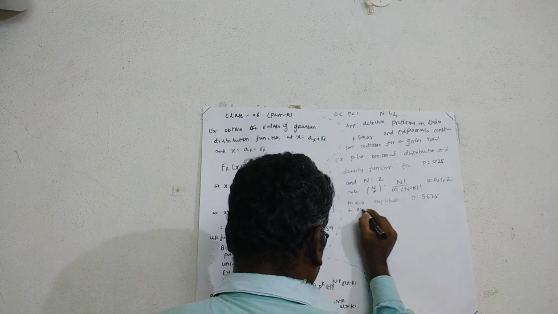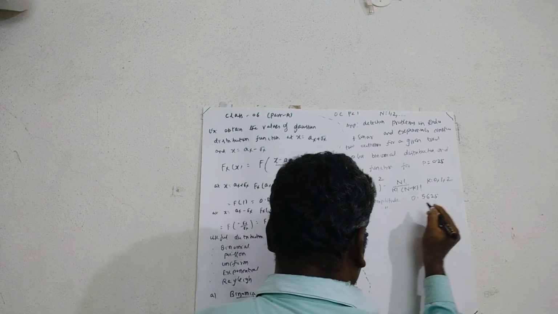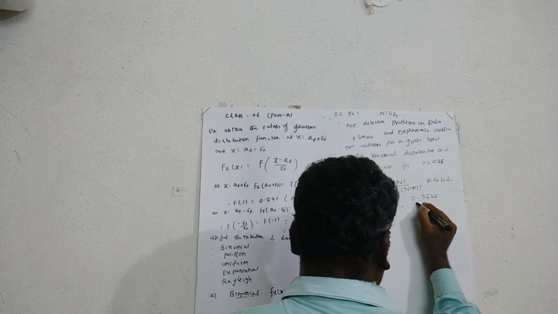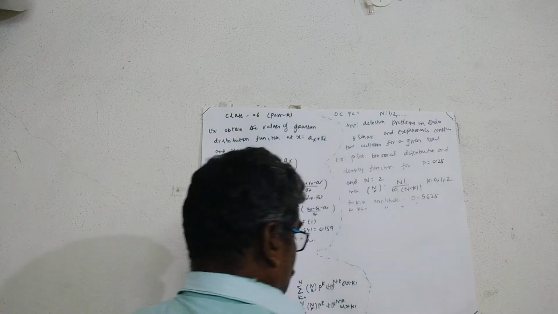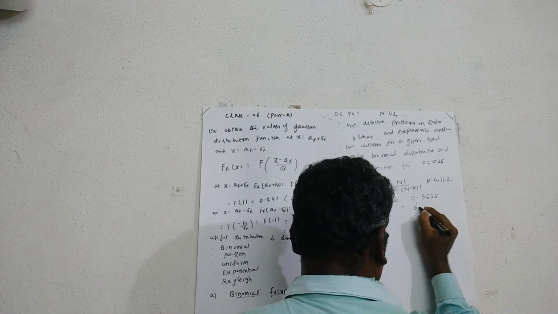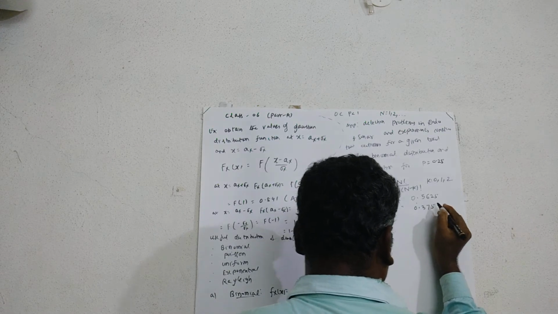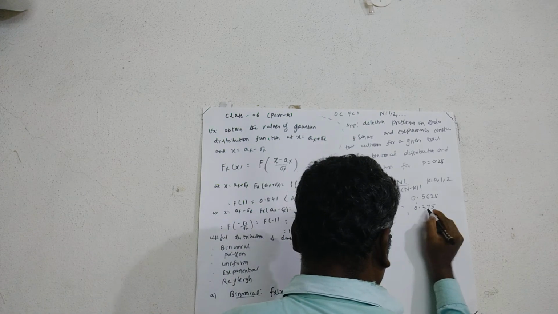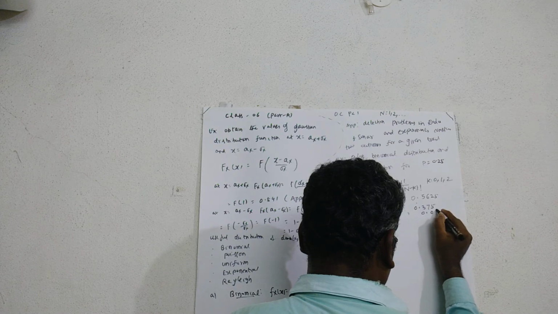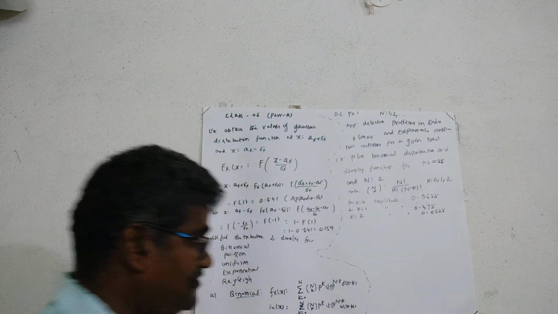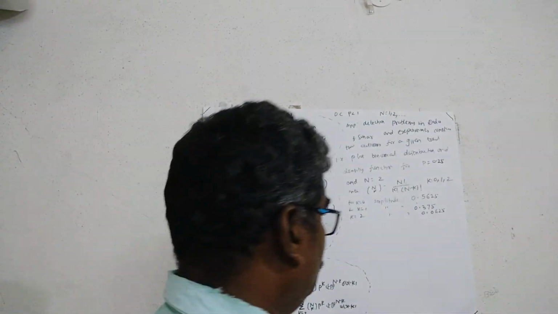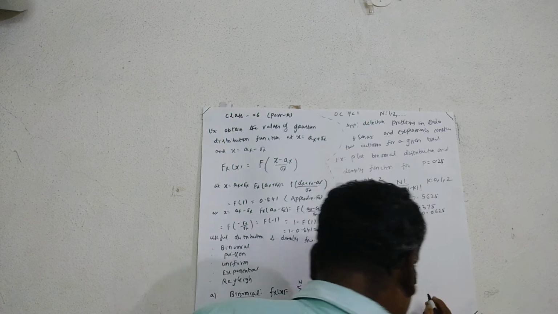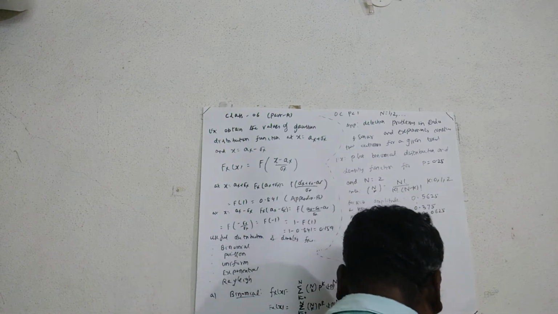For k is equal to 1, the amplitude is given by 0.375. For k is equal to 2, the amplitude is given by 0.0625. With these values, we need to sketch the distribution density function. First, let me obtain the density function, then you can project it onto the distribution function.